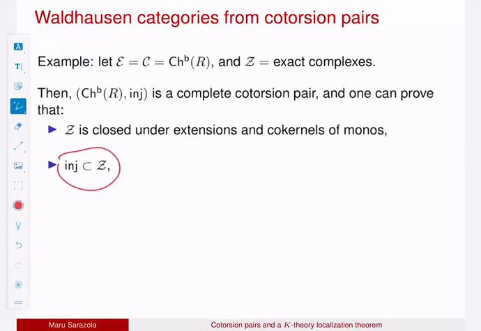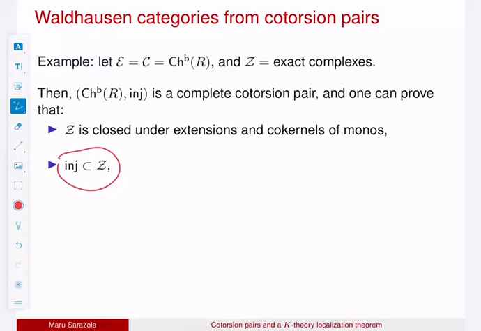Okay, so these are things that if you just pull up your sleeves and work with the chain complexes, you can prove. And this already means we can use our theorem. We can run this Cotorsion pair in a cyclic class through our machinery to get a Waldhausen structure on chain complexes, having the cofibrations as the degree-wise monomorphisms, and having as the weak equivalences these maps that factor as degree-wise monomorphisms with exact co-kernel, followed by degree-wise epimorphisms with exact kernel.